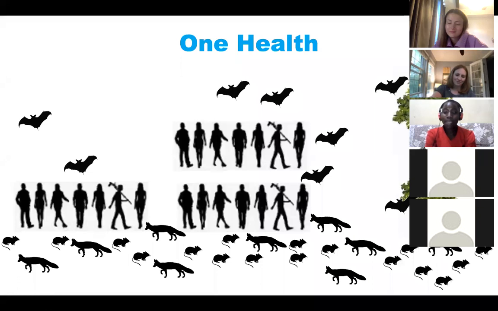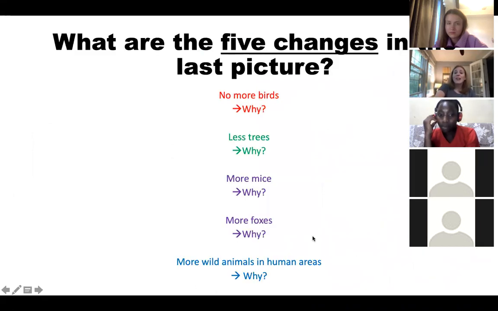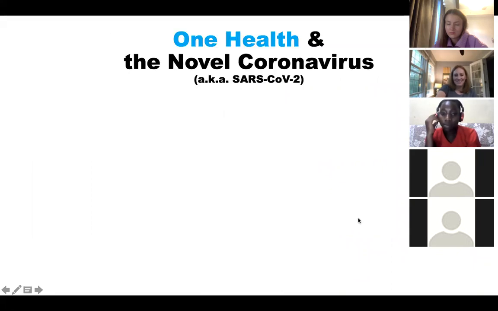With so many new animals near people, is that a problem for disease transmission or disease spread? Yes, it is. And keep in mind, animals can give us germs, we can give animals germs. So it goes both ways. Thank you for that. So we got all 5 of the changes. Good job, team. That's great.